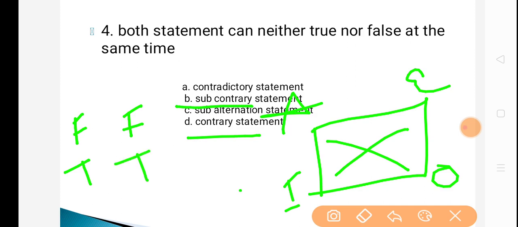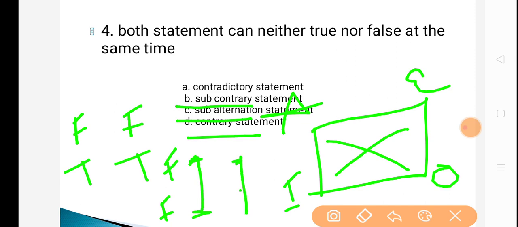Then we move toward the subordination statement. What does the statement say? If the bottom is false, the top will also be false.